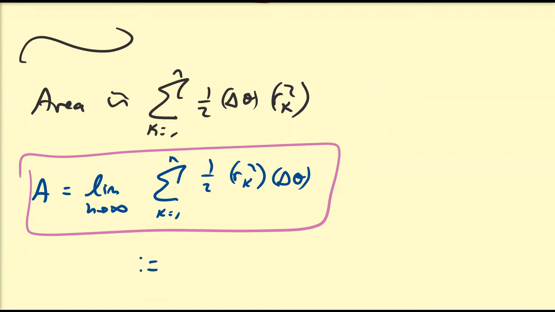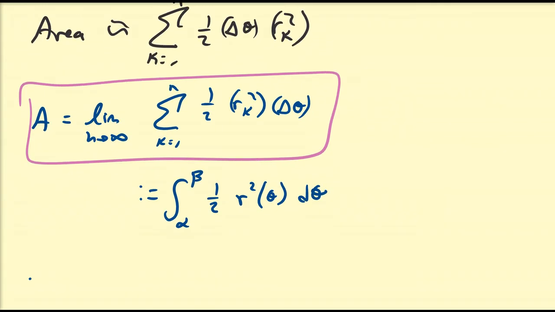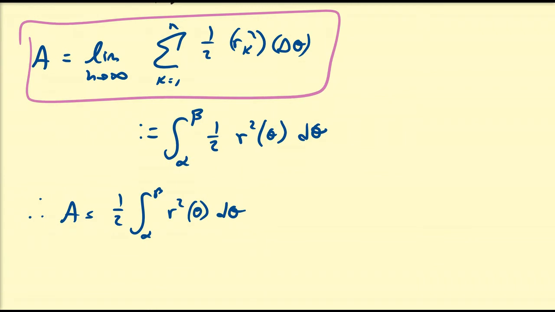So we will denote it by the integral from alpha to beta of 1/2 r squared of theta d theta. So therefore, the area is going to be equal to 1/2 the integral from alpha to beta of r squared of theta d theta. And this is the formula that we want. So it's not quite the same as the Cartesian representation, where we were just adding up rectangles, because now we're working with triangles, which are sort of coming from circle sectors.